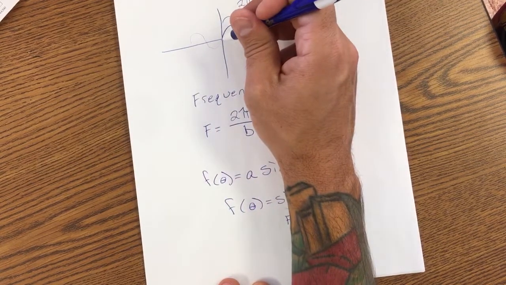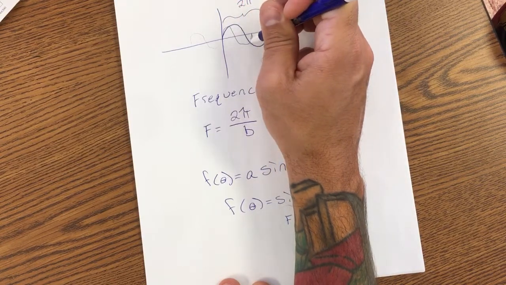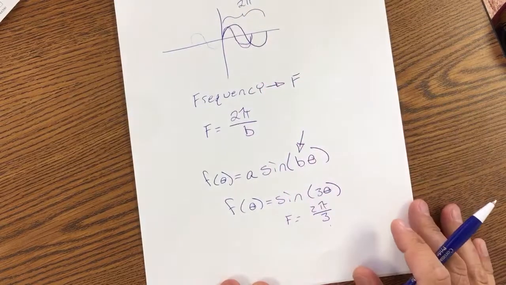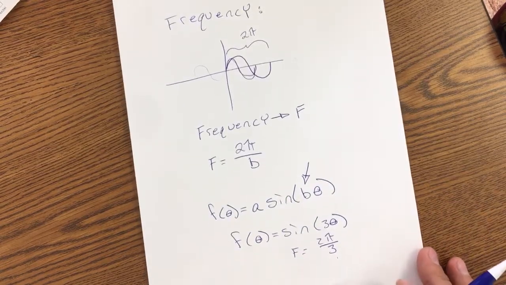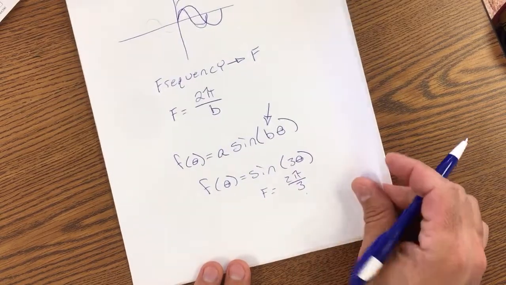So it would be like this. So it's getting done a lot quicker is essentially what's happening there, okay? So that's how our frequency works. Pretty easy, pretty straightforward.